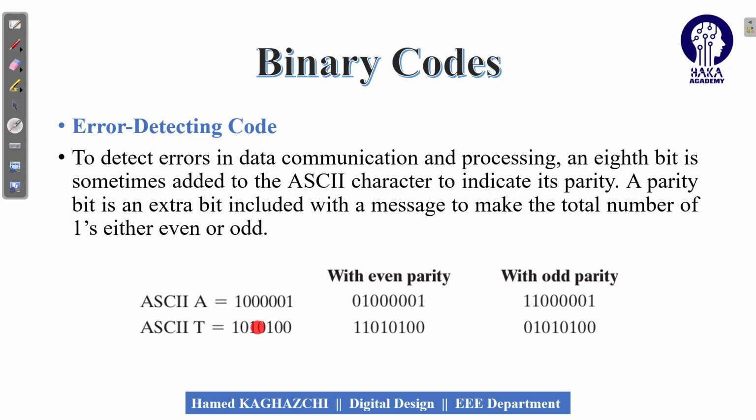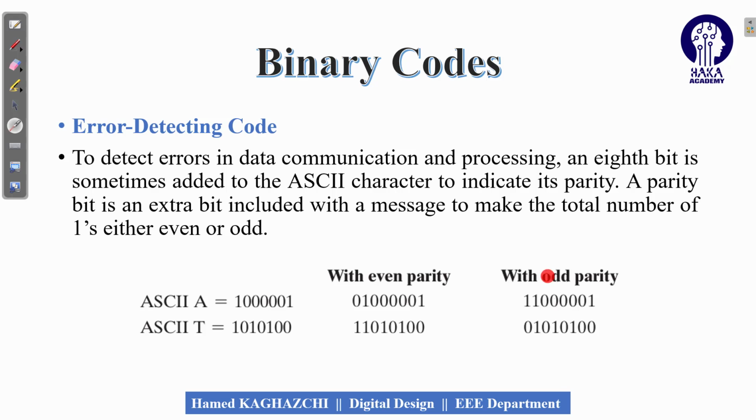What about the capital T? The ASCII code of the capital T is this, and again we want to use even parity. So if we count the number of ones, 1, 2, 3, it means that the last bit has to be written as 1 to make the number of ones even.